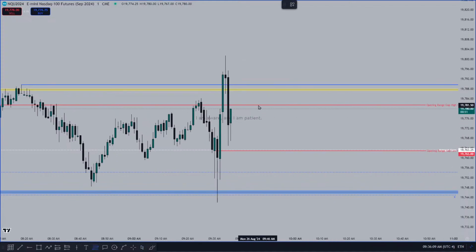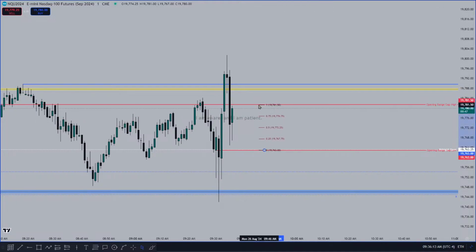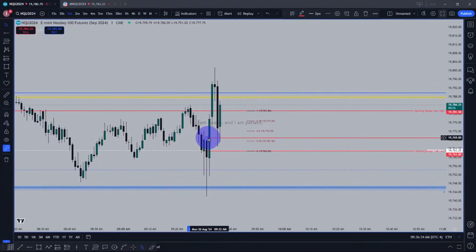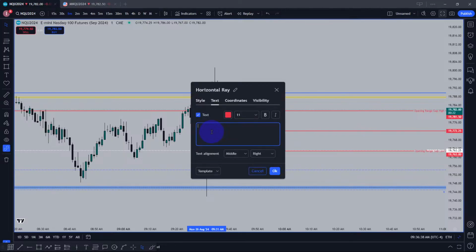I want to measure out the quadrants of the opening range gap. Sorry, not opening range, opening range gap. Opening range and opening range gap are two completely different things, not even mixed up. Draw one. Turn this back on so I can see that. I think I just turn it off for a second. Line that up.